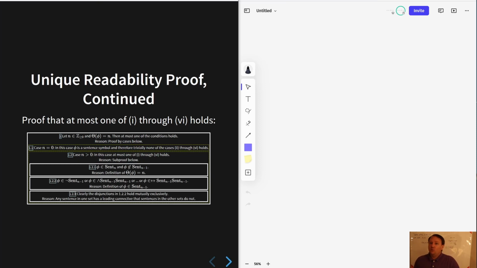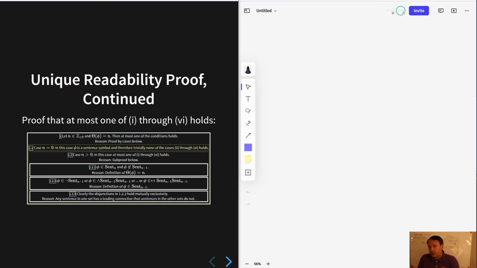Now, it must be in one of them. So just to get started, let's take, for instance, phi in negation of Cent n minus 1. Then its leading symbol is a negation, and therefore it cannot satisfy any of the other clauses, namely clauses 3 and 4 and so on, where in each of those phi leads with a conjunction or a disjunction or so on.